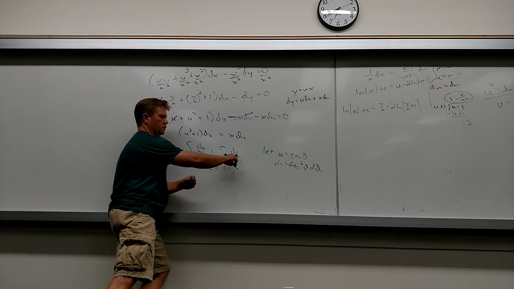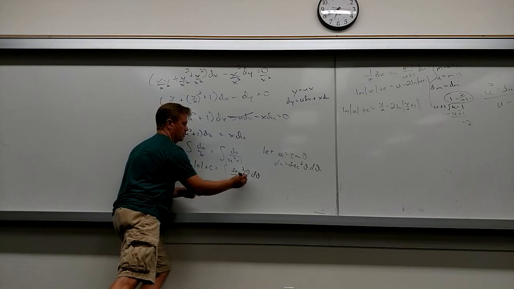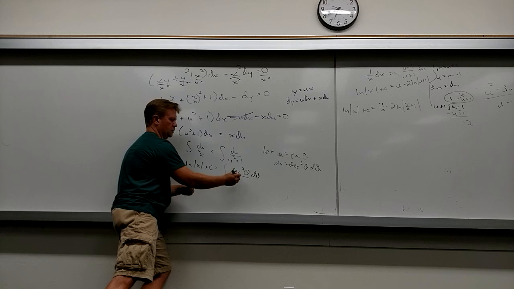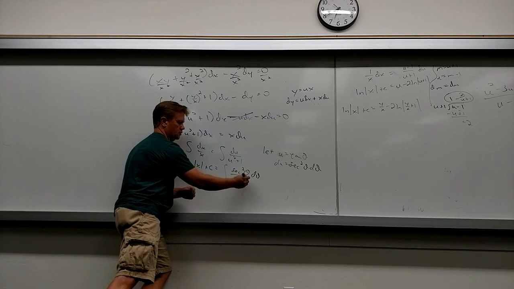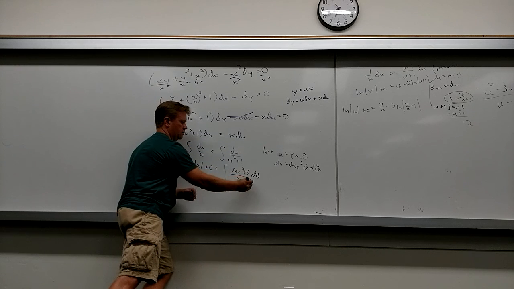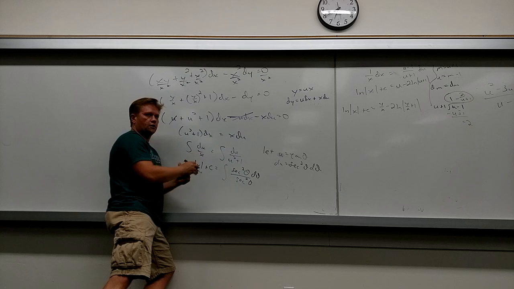Yeah, you get the integral. du is secant squared theta d theta, and u squared plus 1, of course, is going to be secant squared d theta. And this is awesome, right?